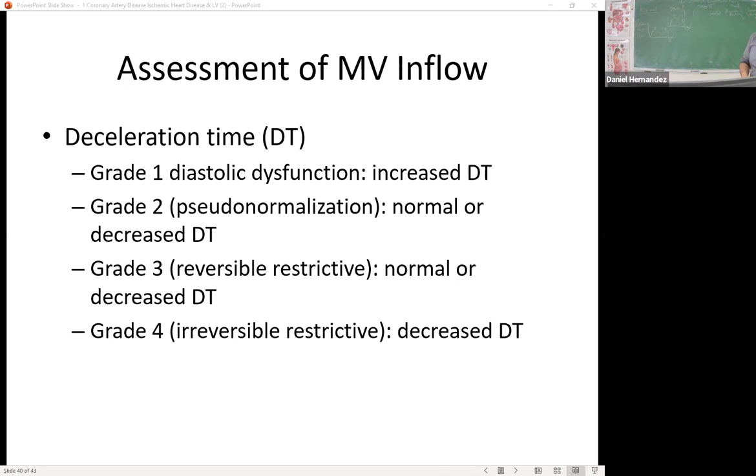When we enter into stage 2 or pseudo-normalization, we actually wind up with reversal. So now we have a smaller S and a larger D. And we're starting to get a little bit more atrial reversal.